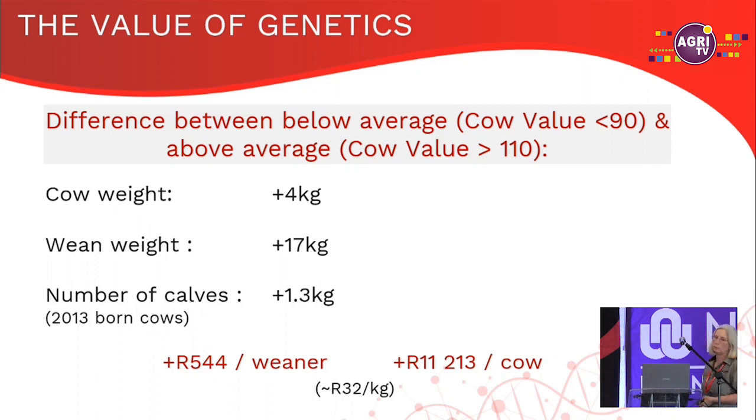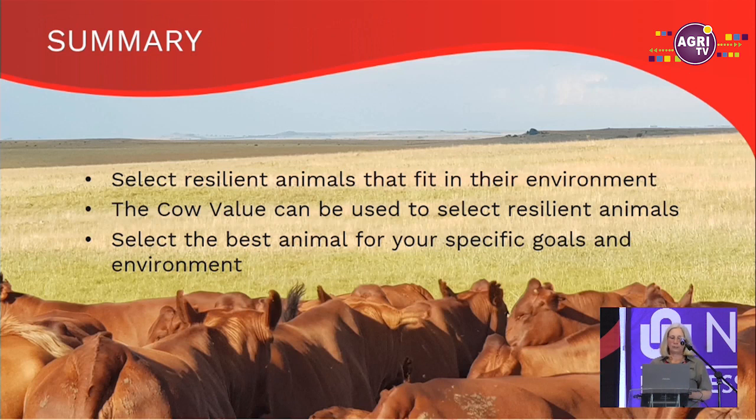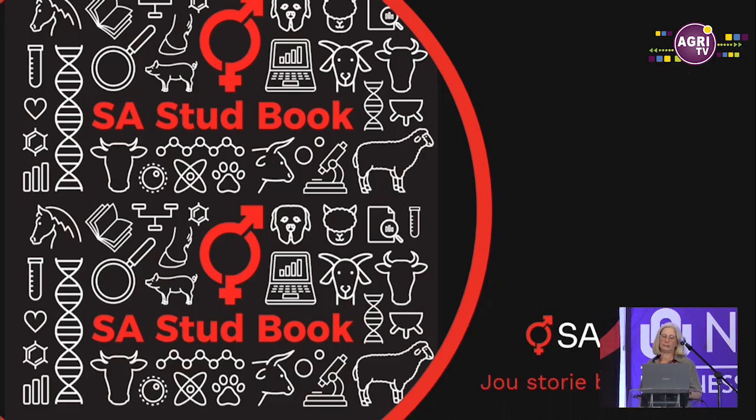And because you have 1.3 calves more, it's 11,000 Rand more per cow. And even if you just have 10 above average cow value cows, that will give you quite a nice income. So in summary, select resilient animals that fit into your environment. The cow value can be used to select resilient animals and select the best animal for your specific goals and for your environment. Thank you.